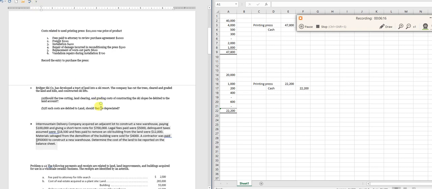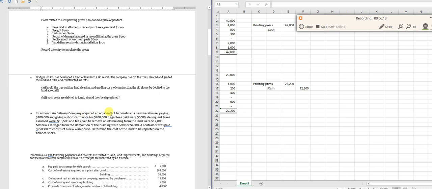Okay, so this one, we acquired an adjacent lot to construct a new warehouse, paying $100,000 and giving a short-term note for $700,000. So in this case, I would add the $100,000 cash I paid for it, and I have the $700,000 note.